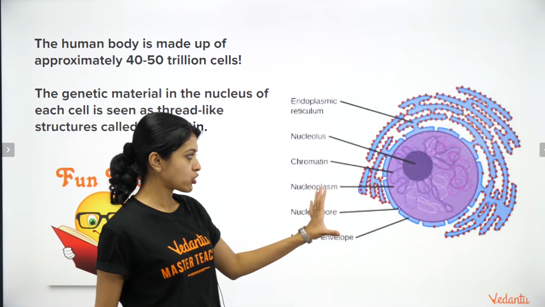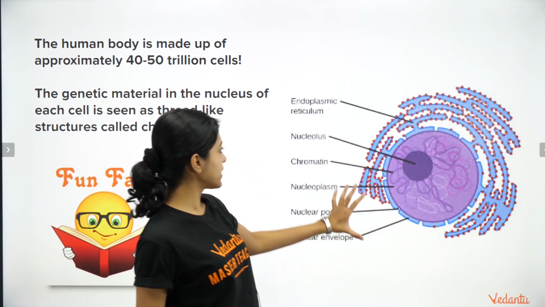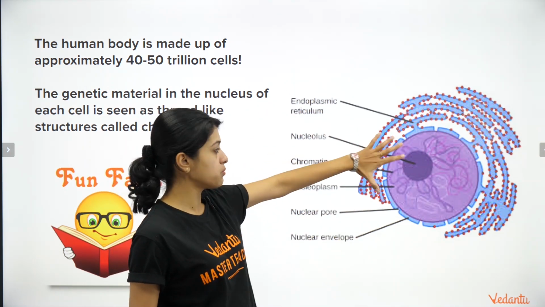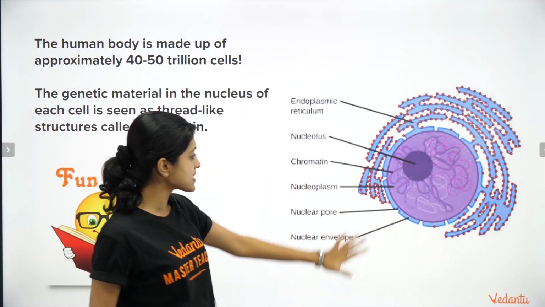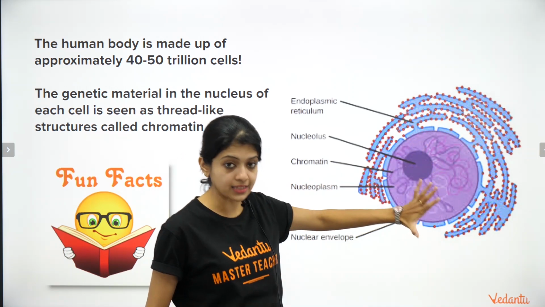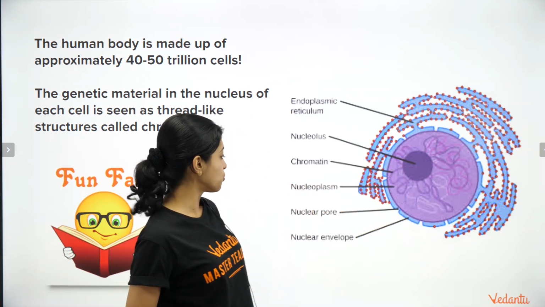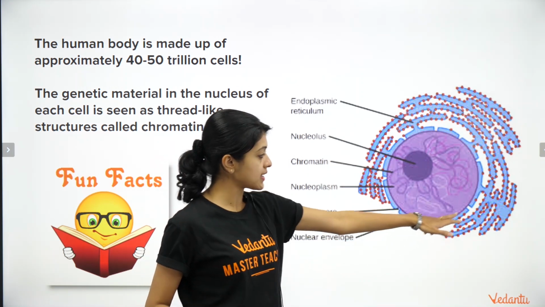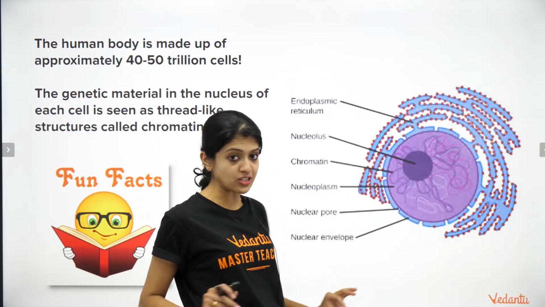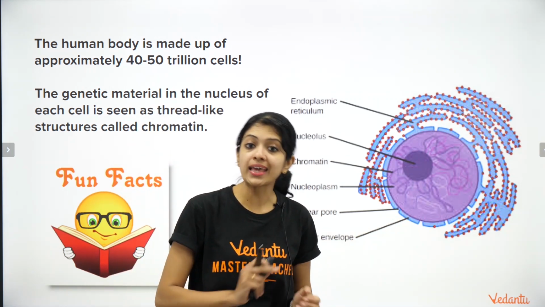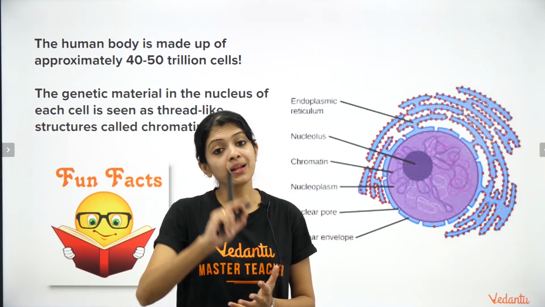This is roughly what you would see inside the nucleus. You have the nucleolus, you have the endoplasmic reticulum, which is right outside the nucleus, and the nucleoplasm lying all around inside the nucleus, the fluidy part of the nucleus, the nuclear pores. Here, the tiny pores or openings that you see, and the nuclear envelope, which is the membrane that surrounds the nucleus, the double-layered membrane.